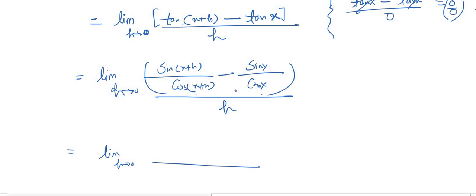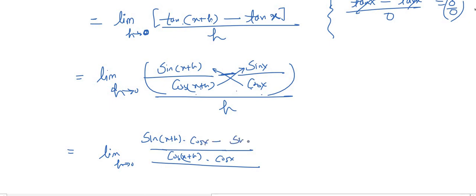The LCM of these two in the numerator is cos of x plus h into cos x. When we subtract, this into this and this into this, the numerator becomes sin of x plus h into cos x minus sin x into cos of x plus h. And the denominator is h, which is already there.